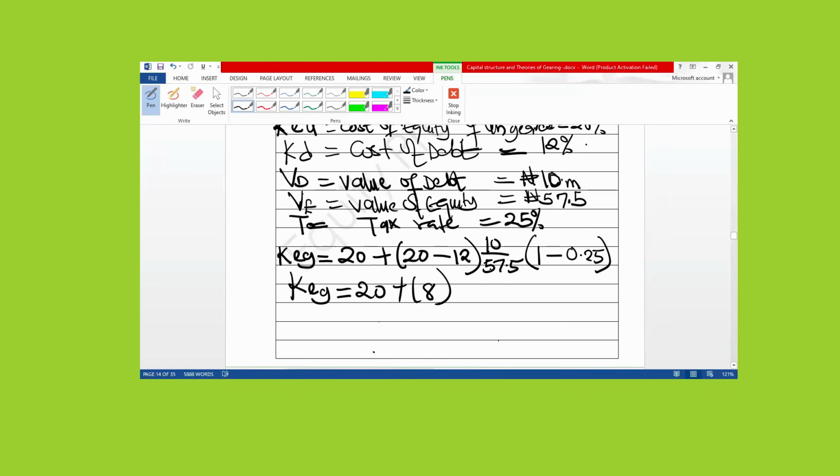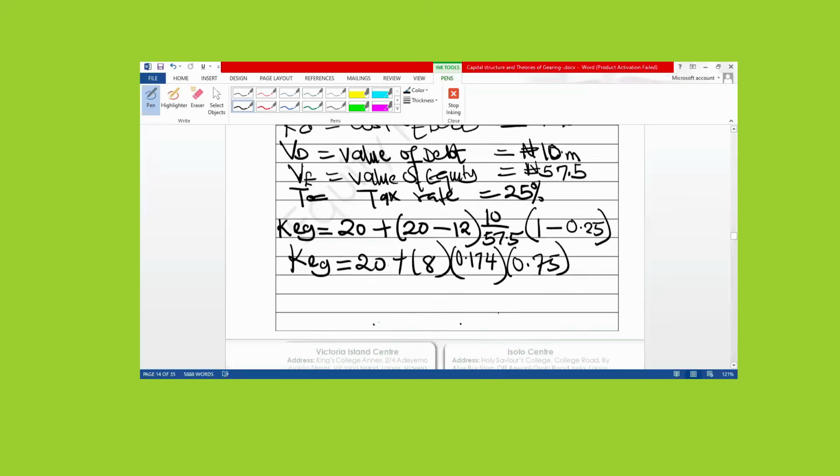Work this out. 10 divided by 57.5, 0.174. 1 minus 0.25, 0.75. Please apply your calculator.